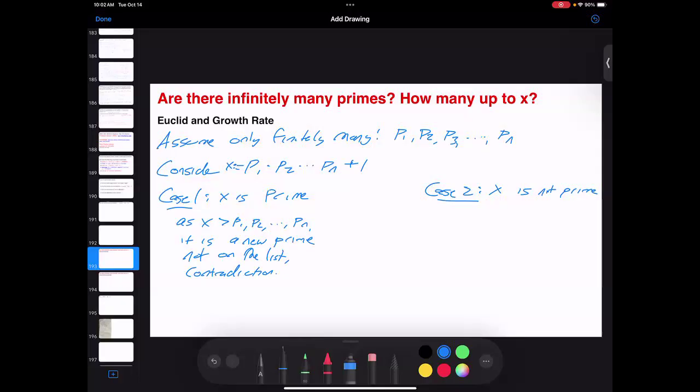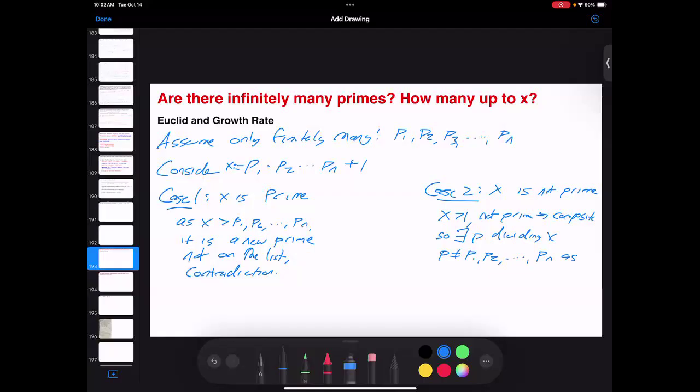What about case 2? Imagine X is not a prime number. X is greater than 1 and it's not prime. So what must be true if I give you a number that's greater than 1 and it's not prime? It's composite. So X greater than 1, not prime, therefore it's composite. So there exists a prime p dividing X. And I claim p does not equal p1, p2, or any of the primes.